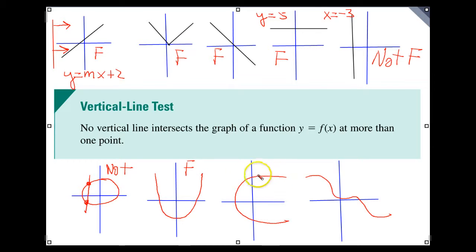How about a sideward parabola opening to the side? And again, it intersects in more than one place. So it's not a function. And this wavy line, again, as long as it only intersects in one place, is a function.